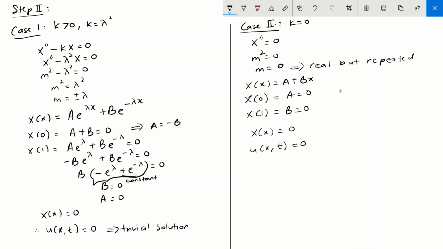This is a trivial solution, so we're going to neglect the solution for k equals 0, since the solution of x gives us a trivial solution of the PDE when k equals 0.